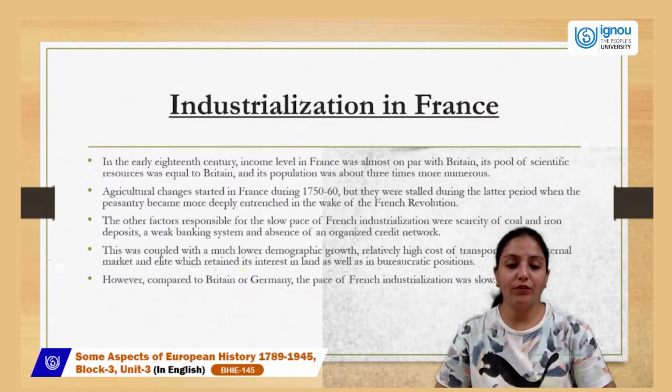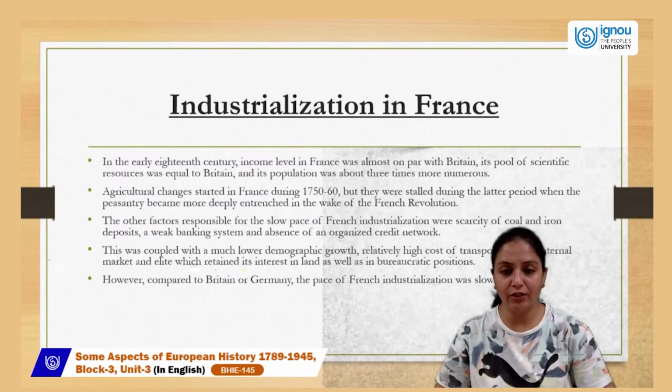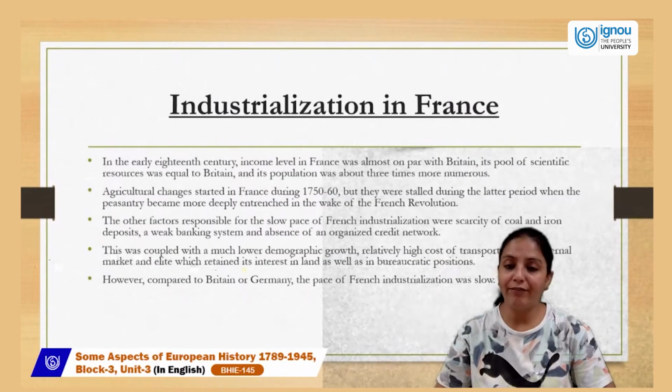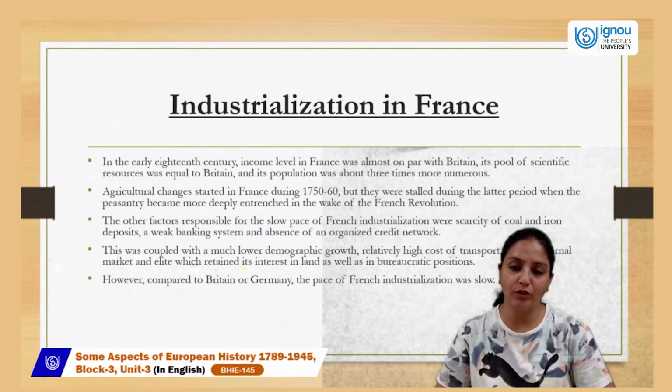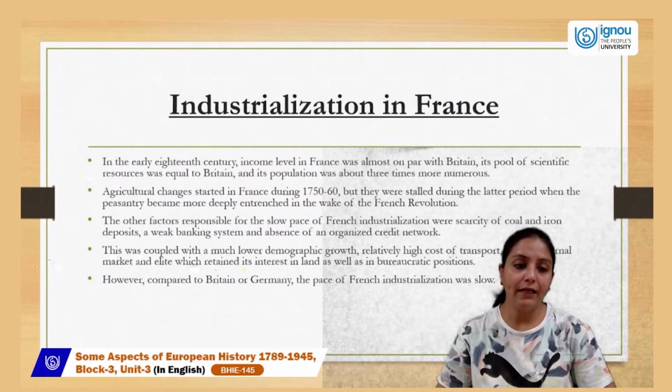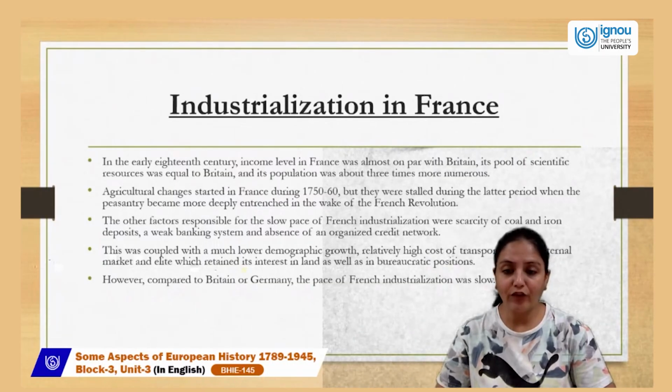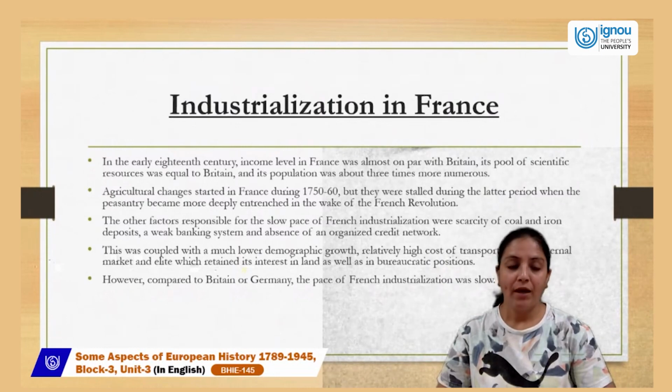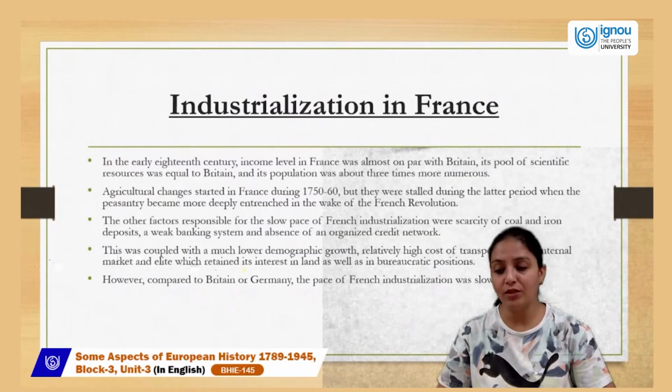This was coupled with much lower demographic growth, relatively high cost of transport, limited internal market, and an elite which retained its interest in land as well as in bureaucratic positions. However, compared to Britain or Germany, the pace of French industrialization was slow.